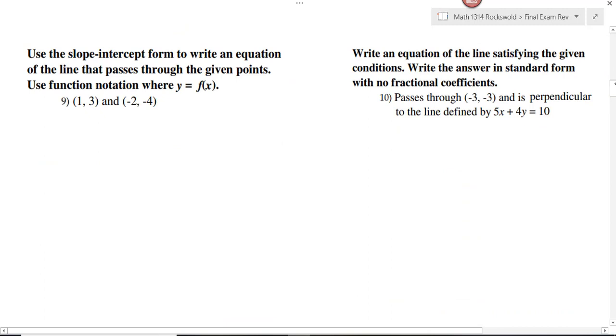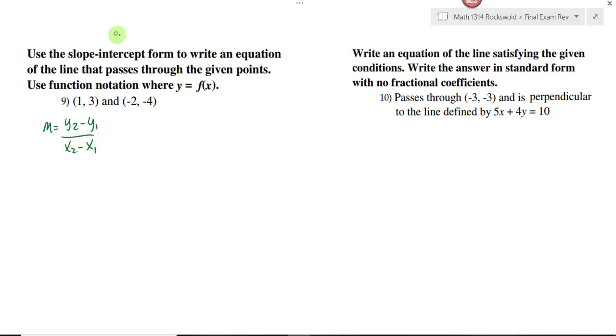Number 9. The instructions say to use the slope-intercept form to write an equation of the line that passes through the given points. Use function notation where y equals f of x. If I'm using slope-intercept form, the first thing I need to do is find the slope of this line, isn't it? Do you remember the formula for finding the slope? M equals y sub 2 minus y sub 1 over x sub 2 minus x sub 1.